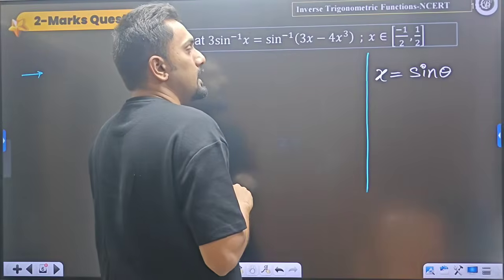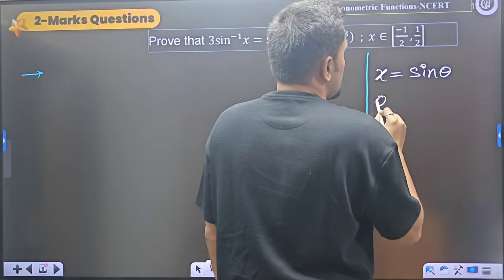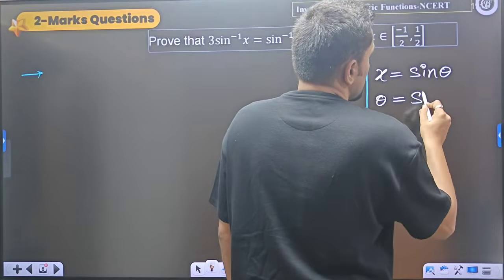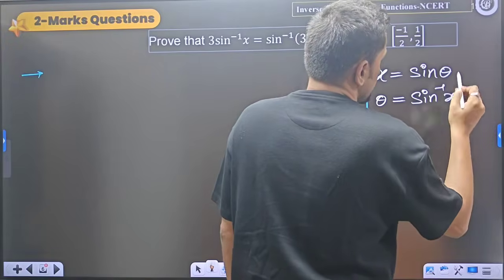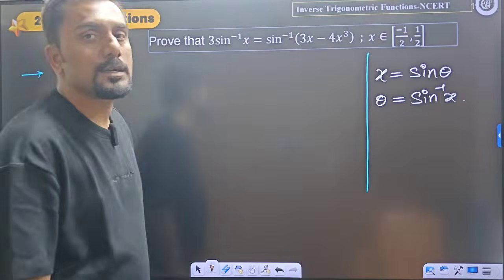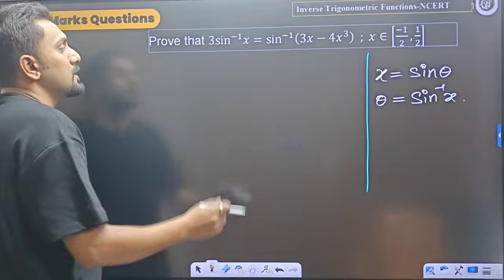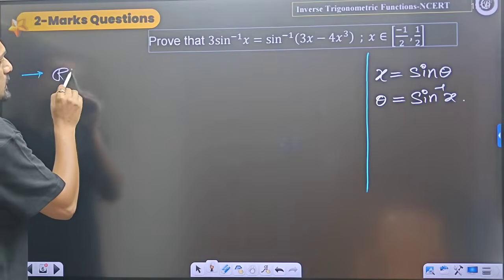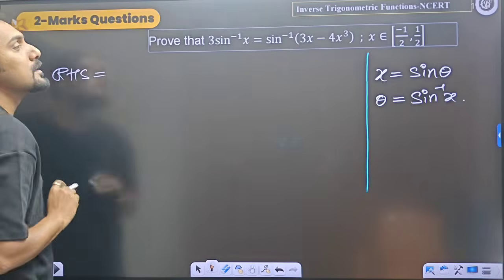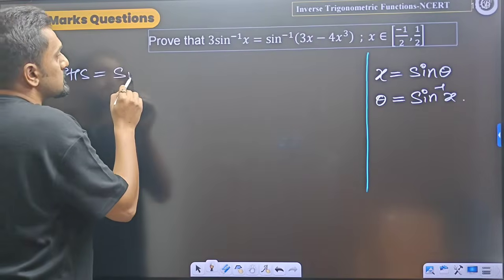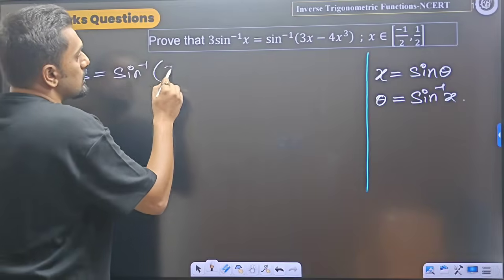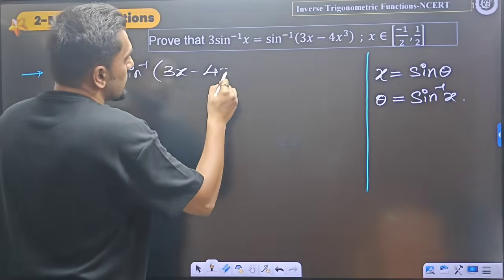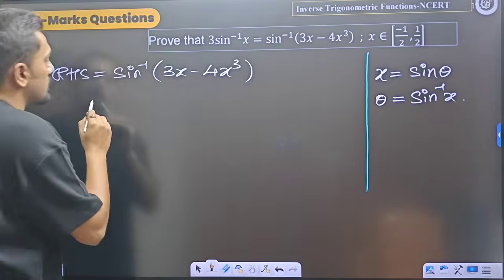If you take x as sin theta, then theta is equals to sin inverse x. For this question, what I will do is I will consider RHS. So what is RHS? Sin inverse of 3x minus 4x cube, right?